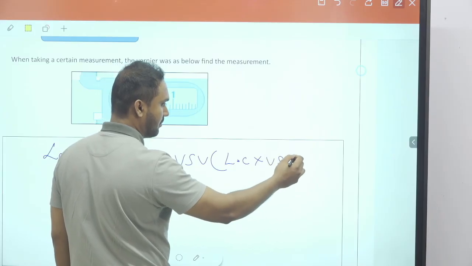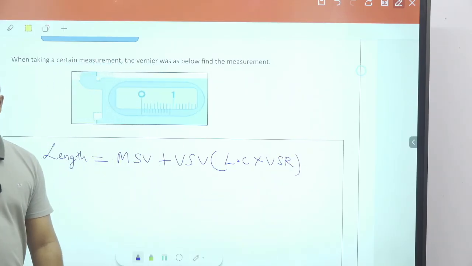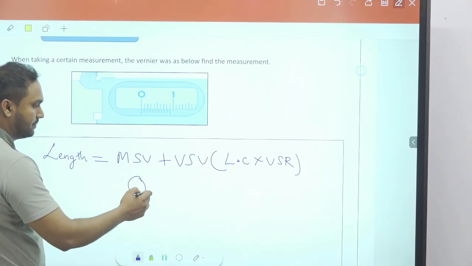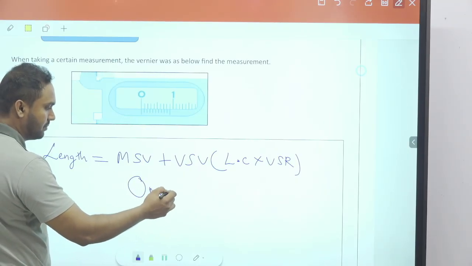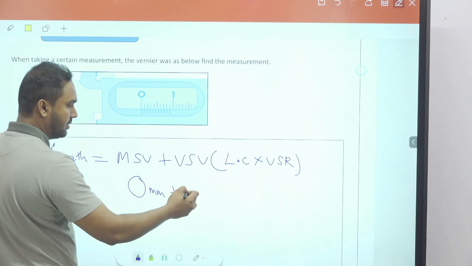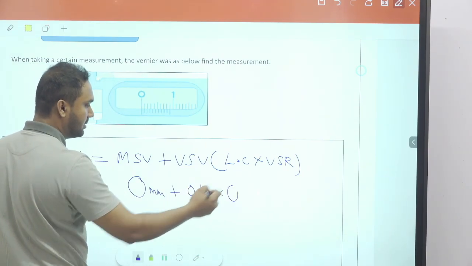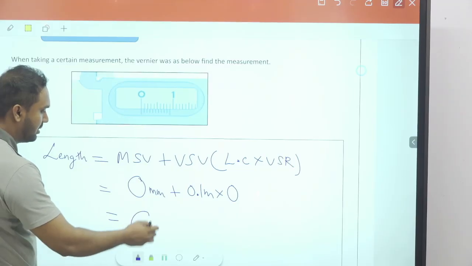Right. So MSV is 0 plus 0.1 millimeter into VSR, which is again 0. So the length is 0.